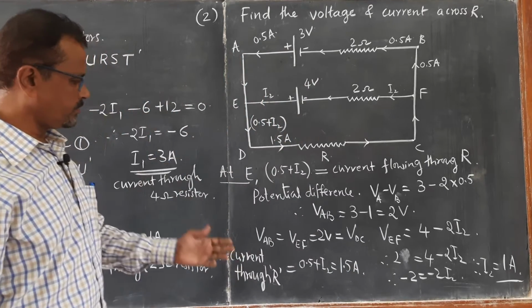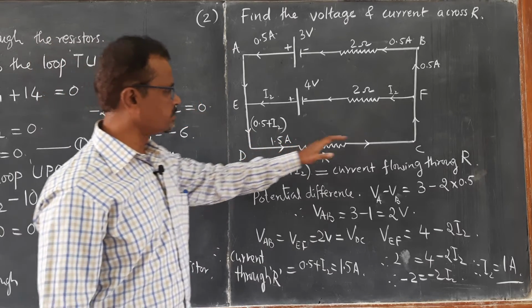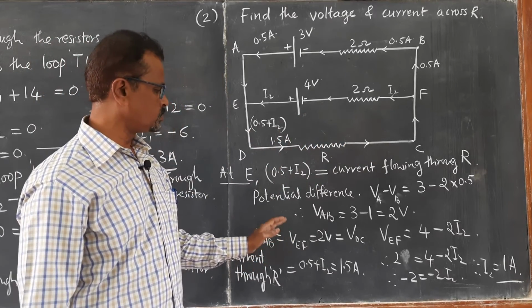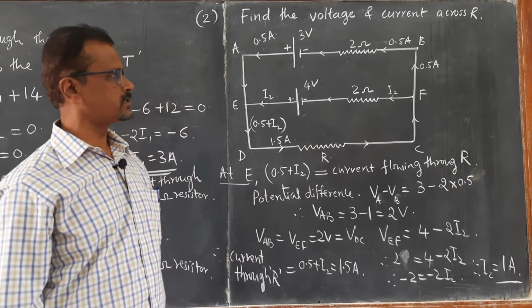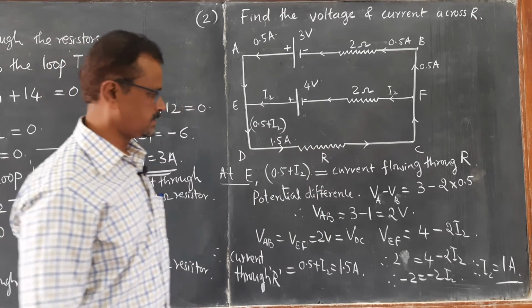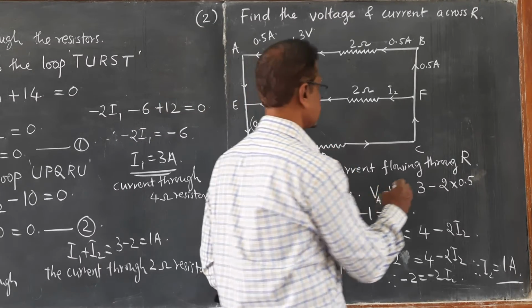So when you get 1.5 ampere as the current, and we know the voltage is 2 volt, we can find out even the resistance also. What is the value of resistance?